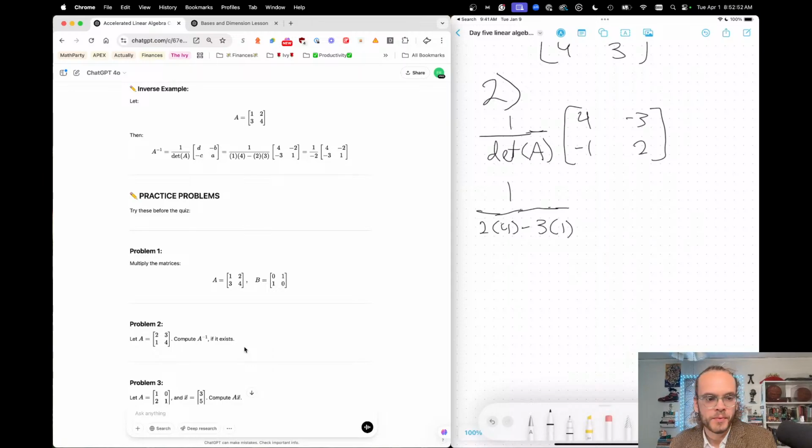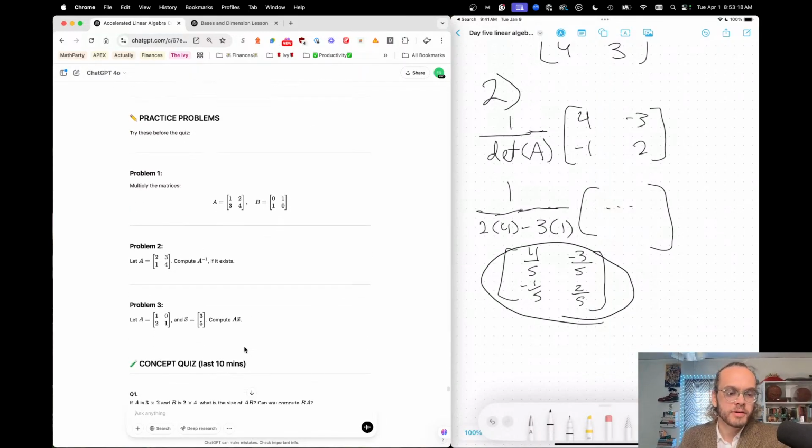And then, just writing dot, dot, dot, it's the same as it was above. So this is going to be 1/5 times this whole thing. So it's going to be 4/5, -1/5, -3/5, 2/5.